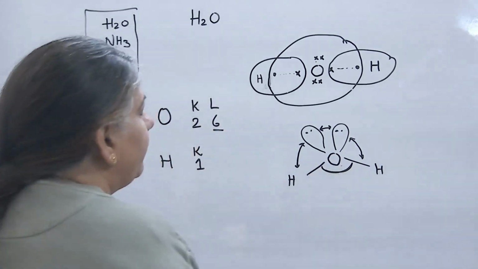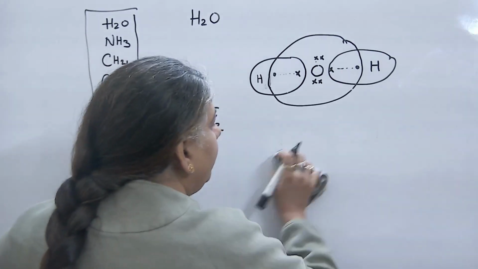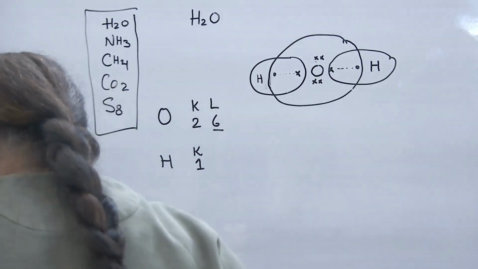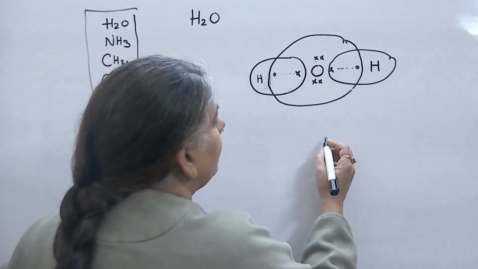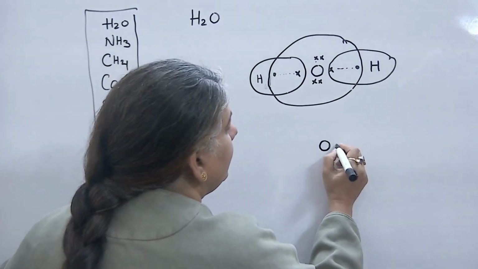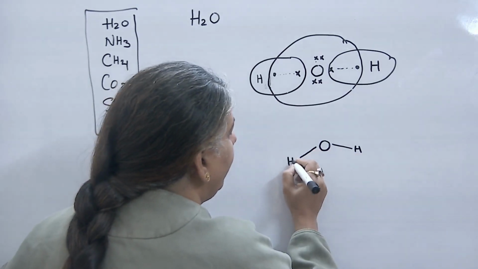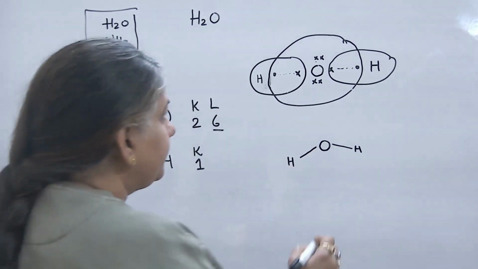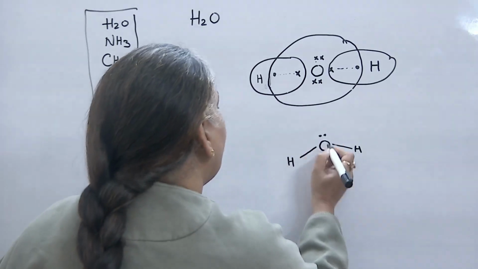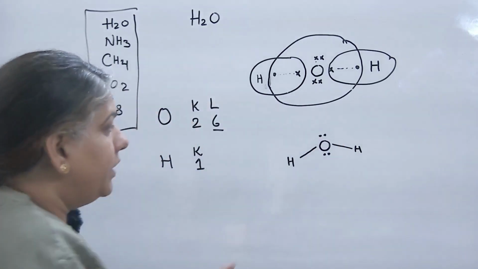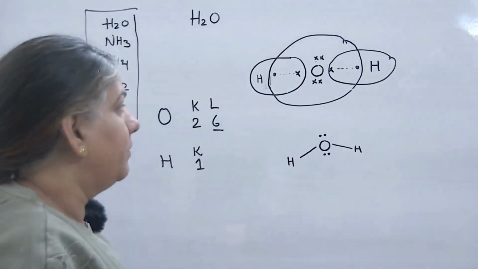Now you just have to remember that when you are writing, you have to make this bond slightly at an angle, not 180 degrees. That's it. And you can show the lone pair of electrons here, which are the cause for this bending.